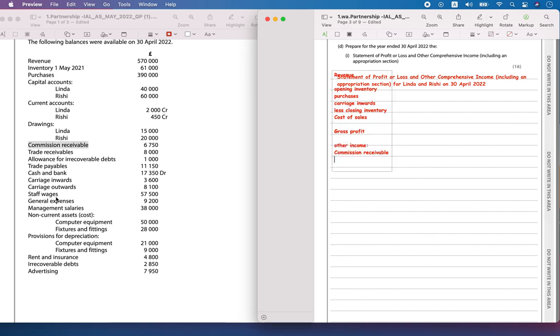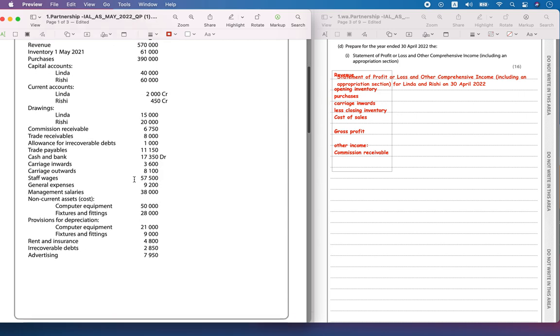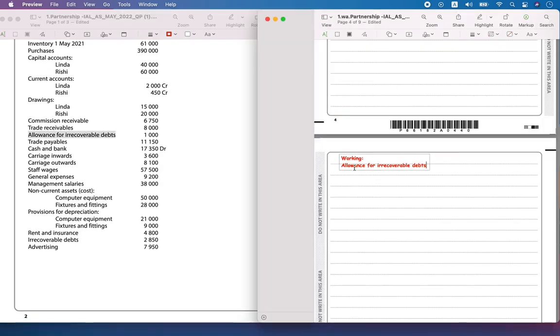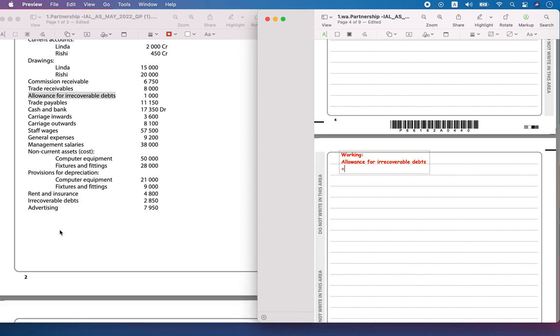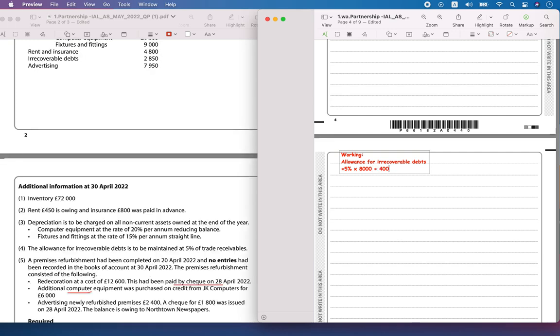So we have to check the allowance for irrecoverable debt. If there is an increase, it can become an expense, else if it decreases it becomes income. The allowance is 5% of 8,000. The current trade receivables they have maintained is 1,000.